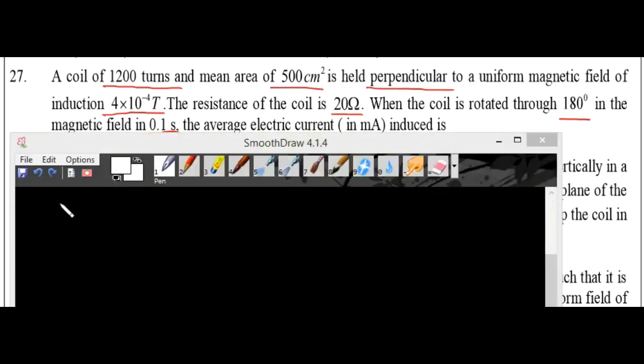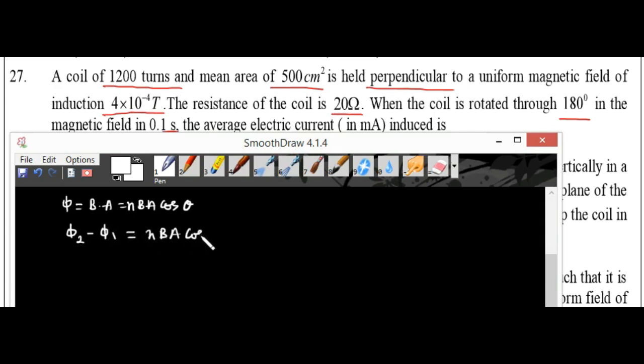Now we'll calculate flux. Flux is equal to B dot A, that is equal to BA cos theta. We have N turns, then you will get N BA cos theta. So change in flux I will calculate. Phi 2 minus phi 1 is equal to NBA cos pi minus NBA cos 0.